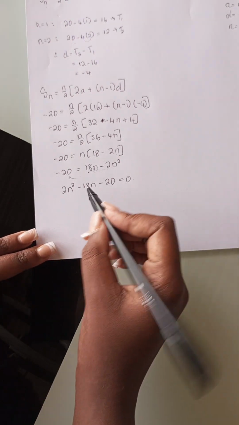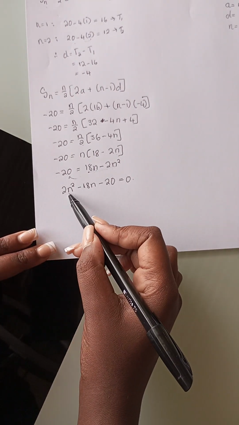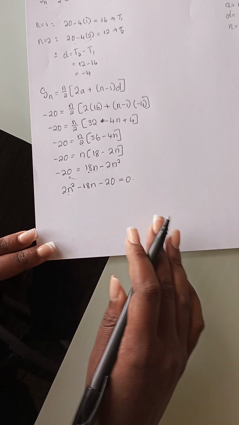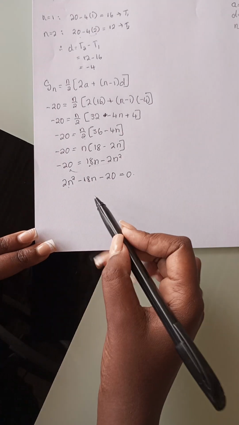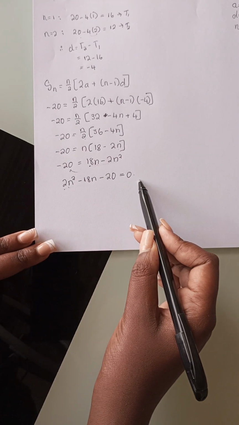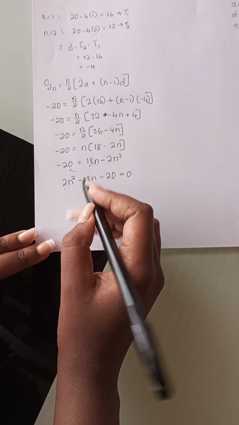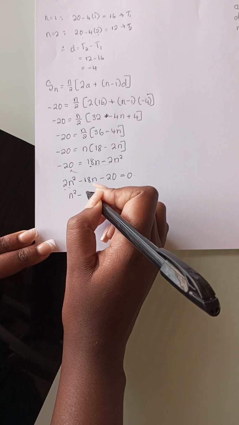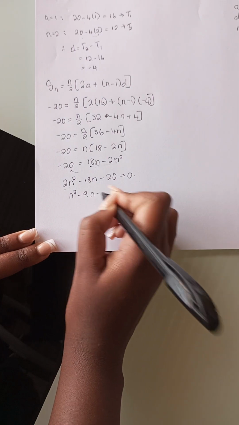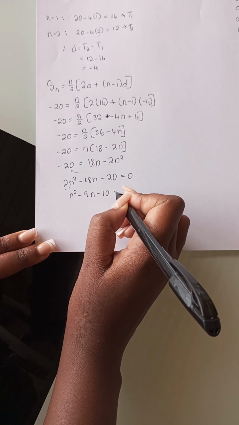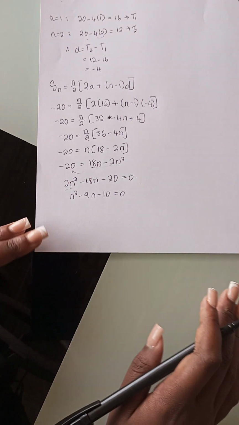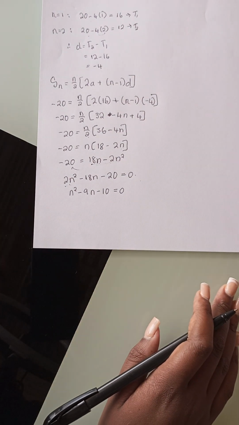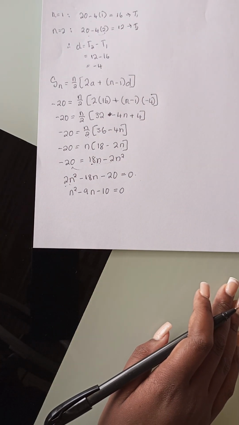But before we can factorize, let's make the coefficient of n squared 1. To do that, we're going to have to divide everything by 2. Then we have n squared minus 9n minus 10 equals 0. And there we have a nice looking trinomial that can be factorized easily.